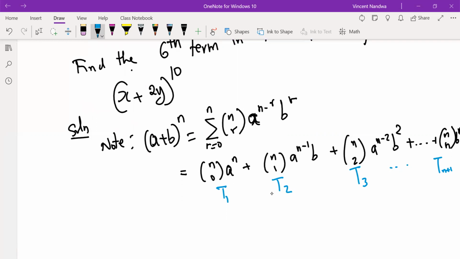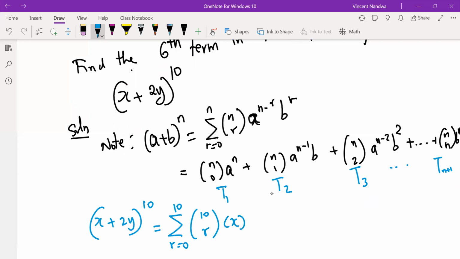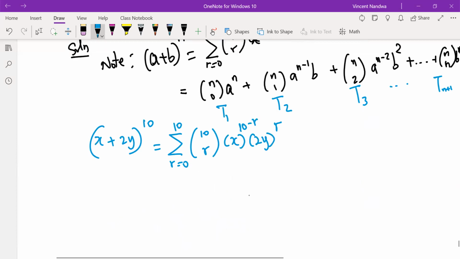Therefore, (x + 2y)^10 is written as the summation of r from 0 to 10 of 10 combination r, x^(10−r), (2y)^r. The sixth term implies r is 5.